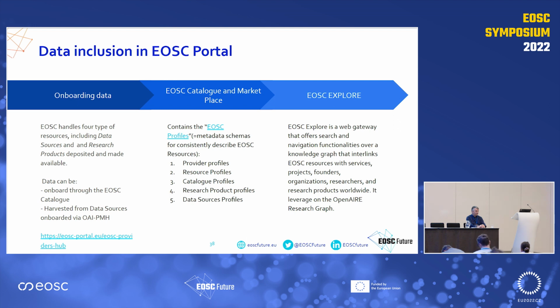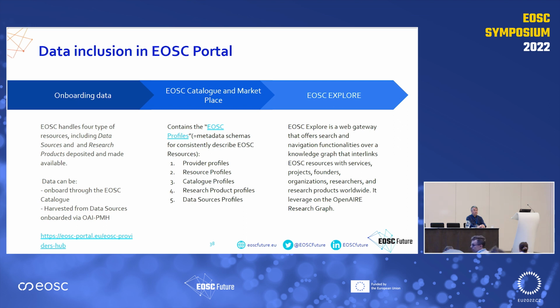So what happens in EOSC Explore, and what is EOSC Explore? Basically it is a web gateway that offers search and navigation functionalities over the OpenAIRE Research Graph, which is a knowledge graph with interlinks to EOSC resources and services.